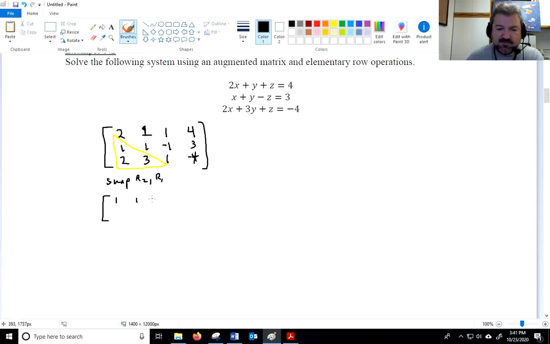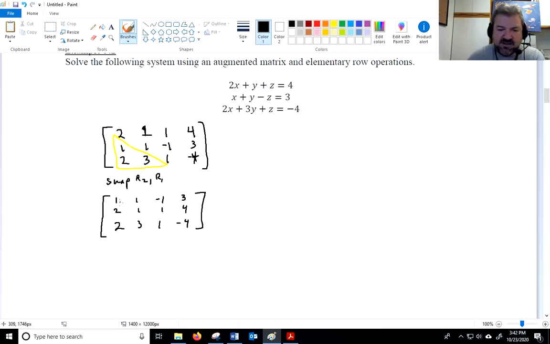So row 1 is going to become 1, 1, negative 1, 3. Row 2 will become 2, 1, 1, 4. And we left row 3 alone, right? So 2, 3, 1, negative 4.